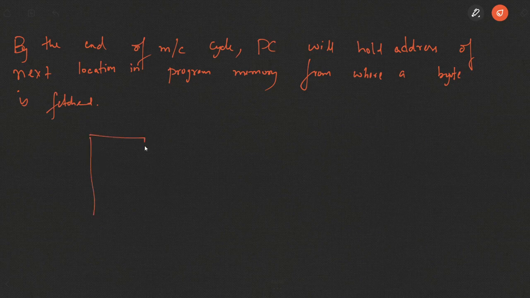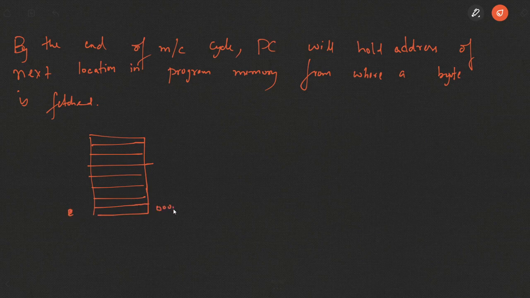Fine. So say for example this is our PC, the program counter, and this is your first memory location.